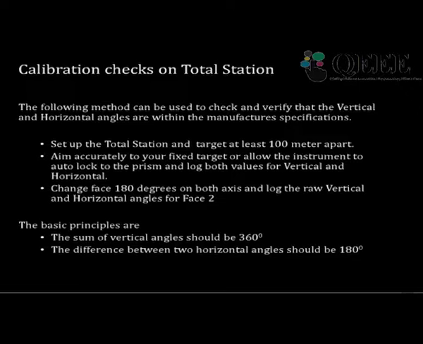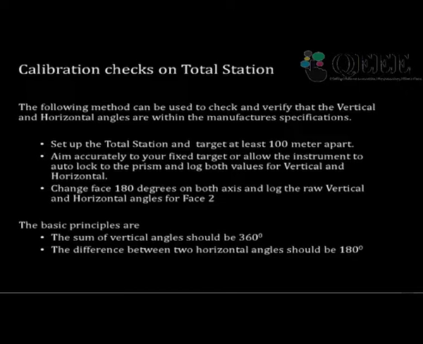The following method can be used to check and verify the vertical and horizontal angles, whether they are within the manufacturer specification. This is a very simple way to check. Set up the total station and the target at least 100 meters apart from each other, on flat ground.